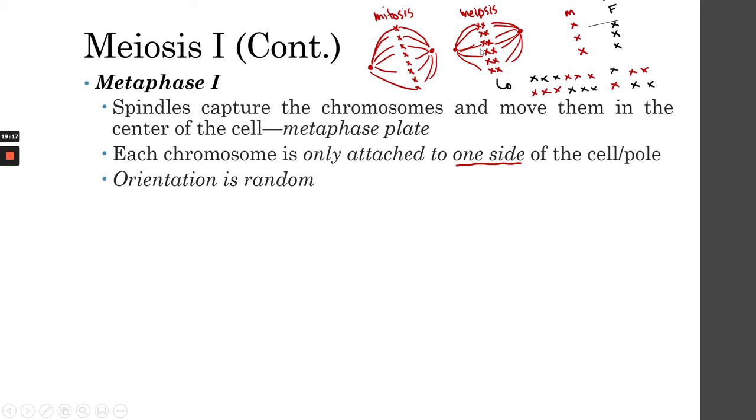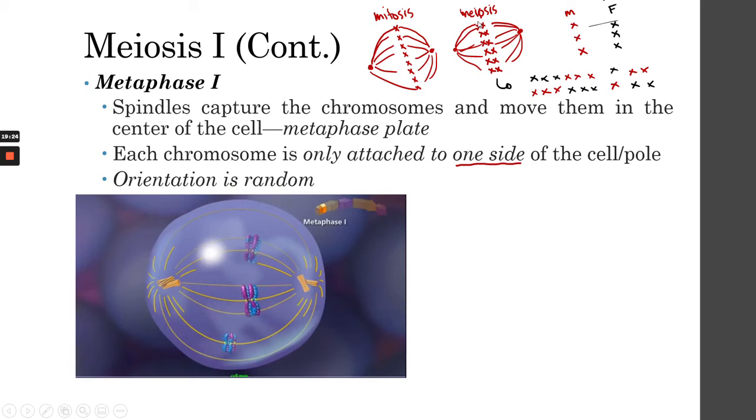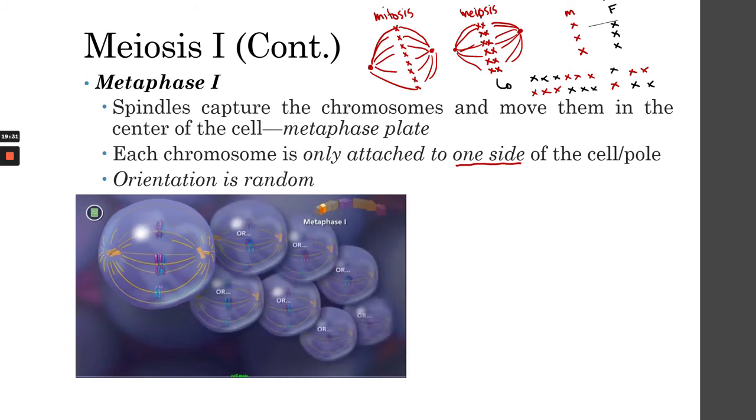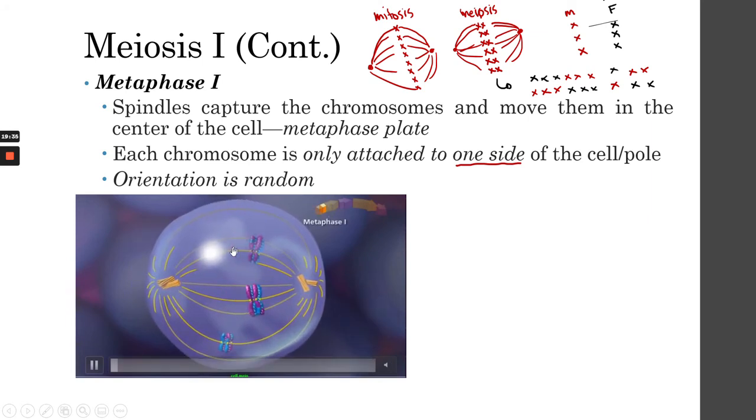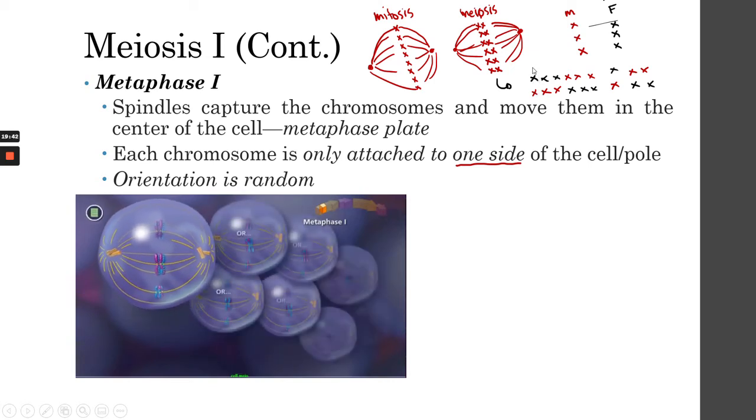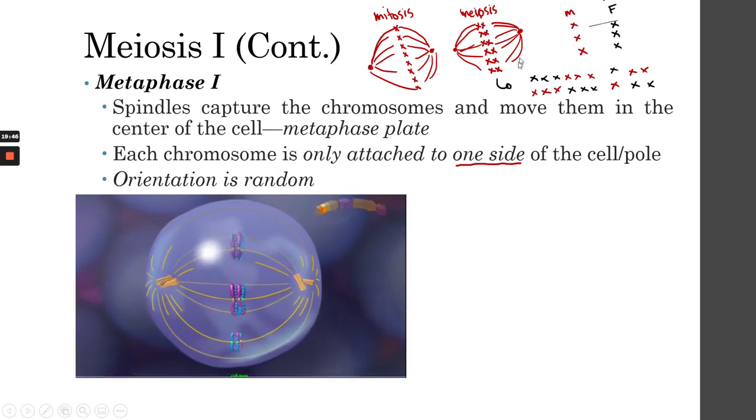So after they pair up, the orientation of the pairing up is random, and that also contributes to genetic diversity. The orientation of where the chromosome from the mother and the chromosome from the father face is random, and you end up having very different combinations of this pairing up.